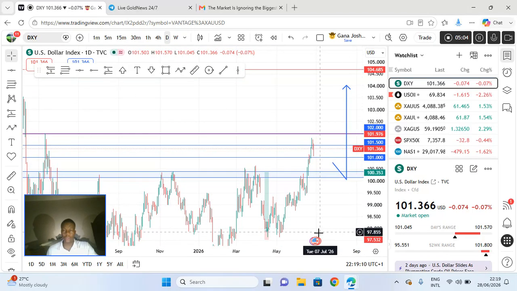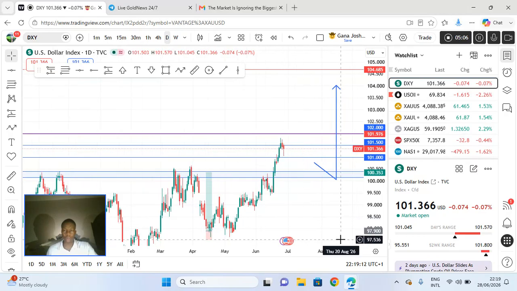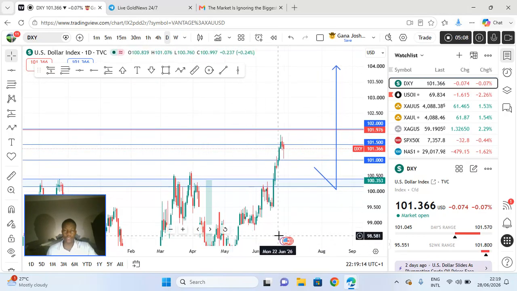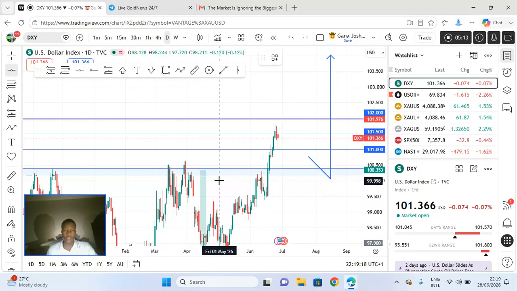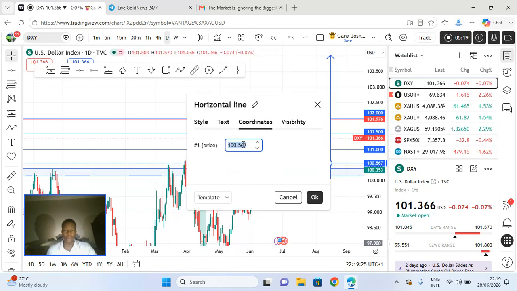So price is currently ranging between 101 and 102 on the DXY, and we are looking for a retest around, I think this price level will be 100.500.